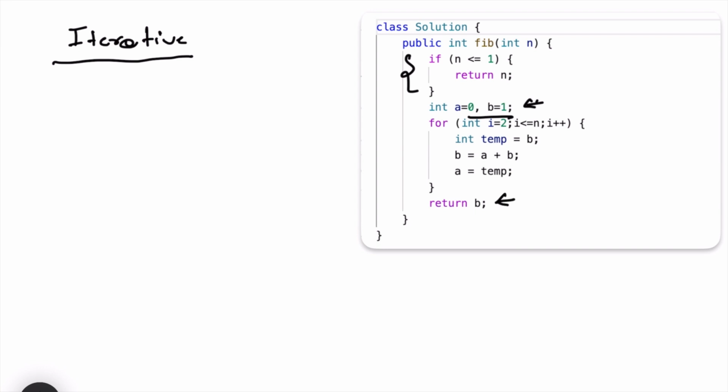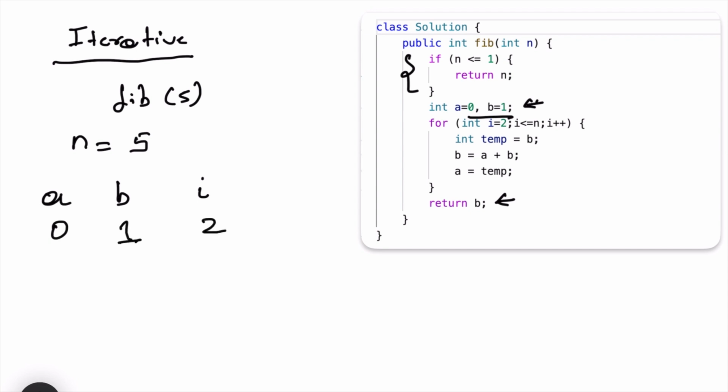So let's try to dry run this for fib 5. So here our n value is 5. Let's try to debug it. So a, b and i. Starting, a is 0, b is 1, i is 2. So we go into this and the temp value will become b, which is 1. b will become a plus b, so a plus b is again 1.